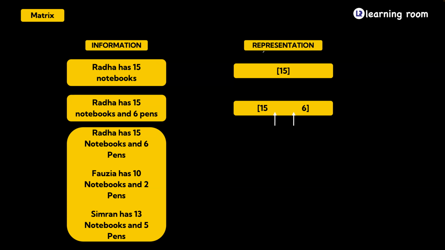You can write it vertically also, but that depends on how you are naming the data structure. So what he is asking is, can't I write it like this? You can write. But the only thing you need to tell the person who's reading your paper is that this represents notebooks and this represents pens.